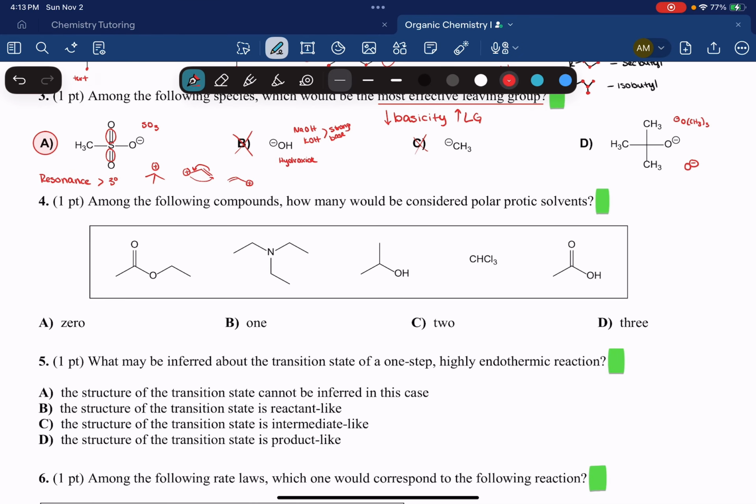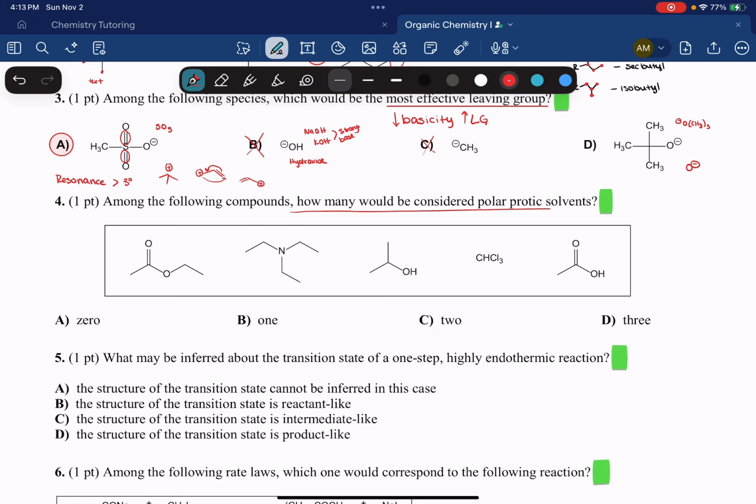Okay. How many would be considered polar protic solvents? What did we say about polar protic? It can hydrogen bond. So this one. Let's look at these. Yeah, that's it. This cannot hydrogen bond. This cannot hydrogen bond. And this cannot hydrogen bond.